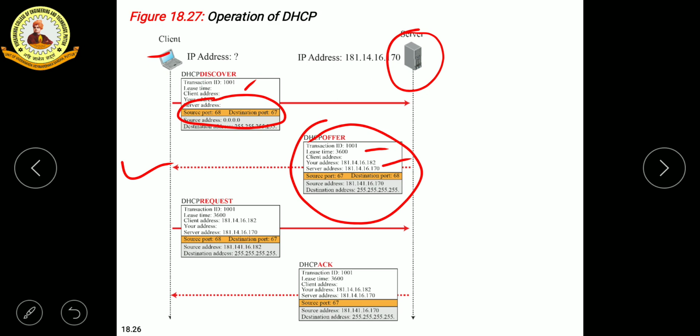If the server cannot keep its offer, the server sends a DHCP NACK, that is, not acknowledged, message, and the client needs to repeat the process. This message is also broadcast to let other servers know that the request is accepted or rejected. That is why the destination address is again the broadcast address.